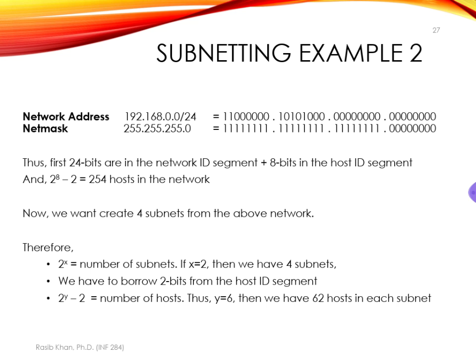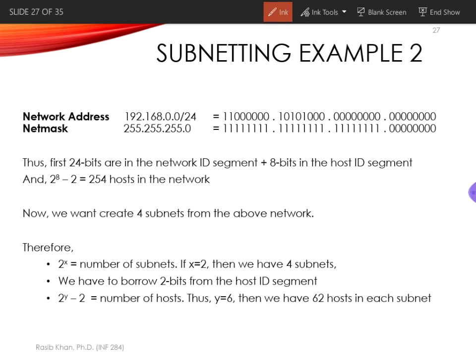So we will look at our second example, which is where we create 4 subnets from a given network. Let's say we are given a network address which looks like this: 192.168.0.0/24.